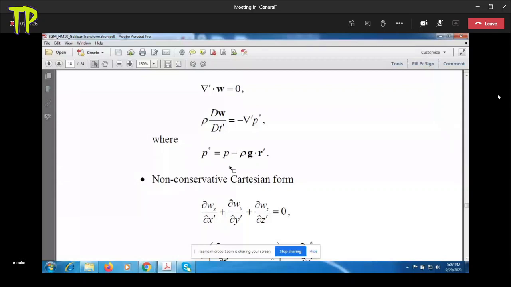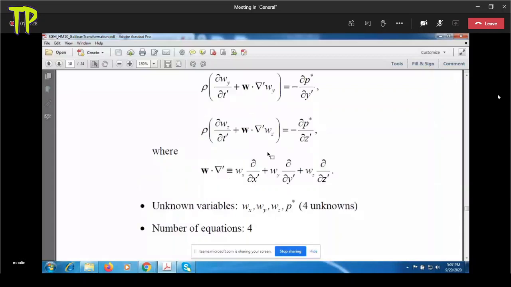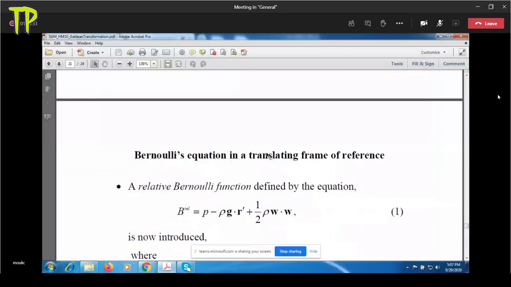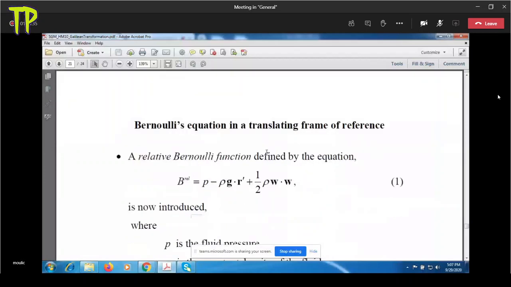So now we can guess the form of Bernoulli's equation. Suppose I define a relative Bernoulli function B with a superscript REL, which is P minus rho G dot R prime plus half rho, instead of V dot V, I have W dot W, the relative velocity.